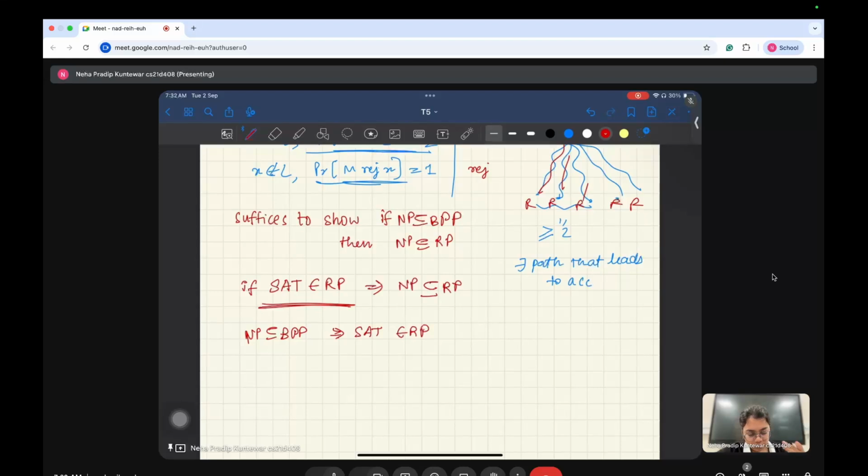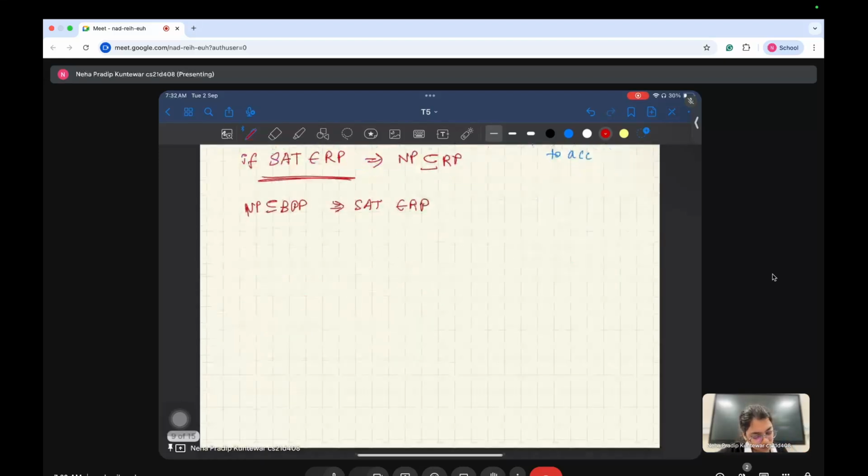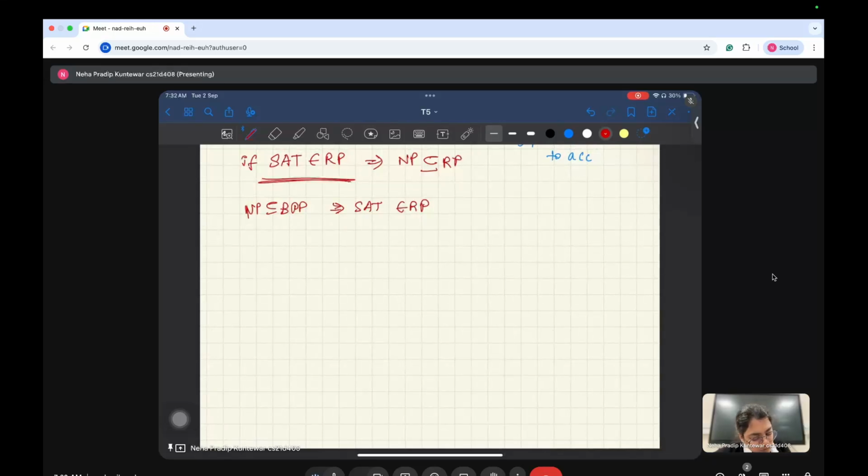Okay. So what does this really mean? So let's say that SAT has a BPP algorithm.